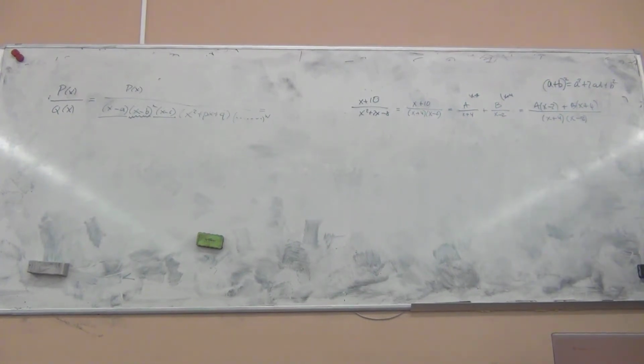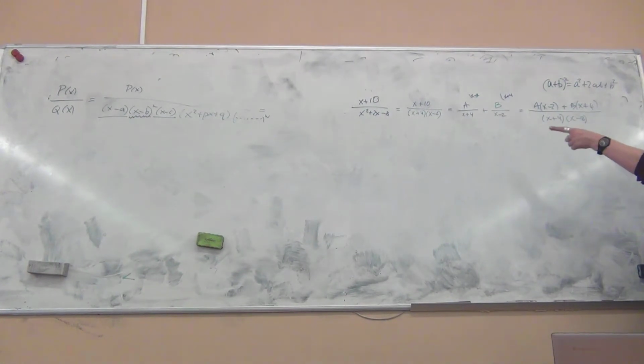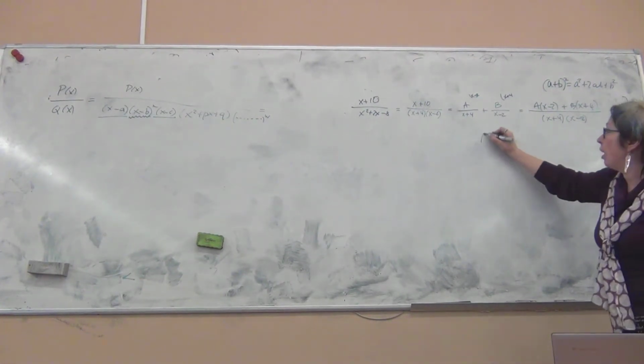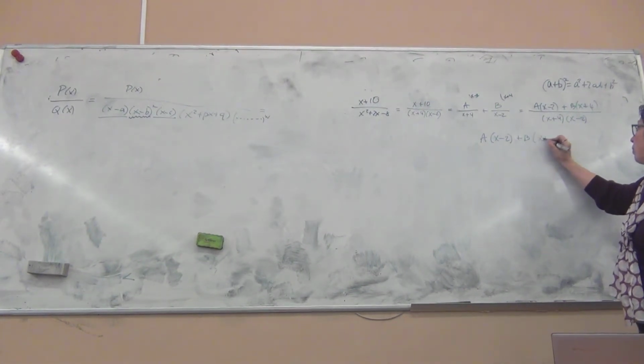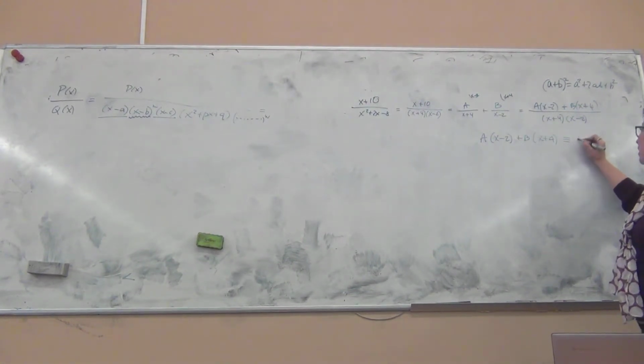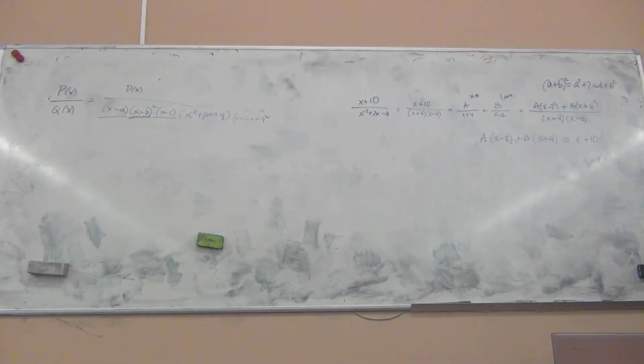Now, for all values of x, this has to be the same as x plus 10, because we are working with a very specific fraction. So a times x minus 2 plus b times x plus 4 is identical to x plus 10. I'm putting this identical equality sign to stress that this must be true for all values of x.